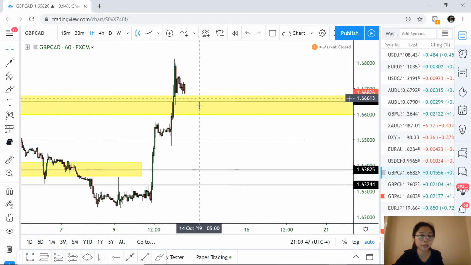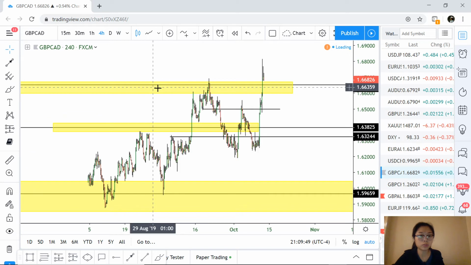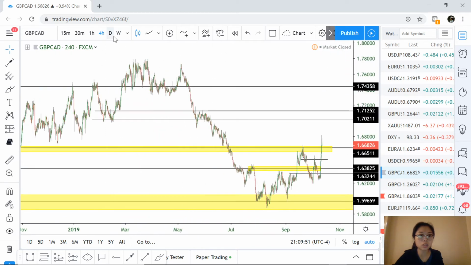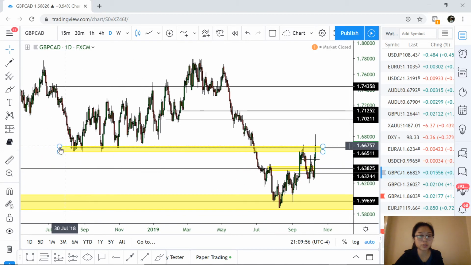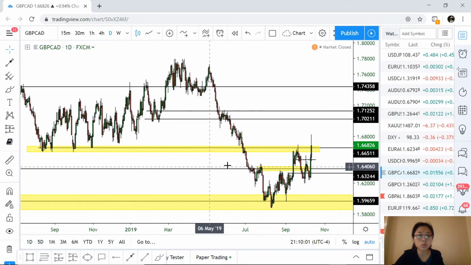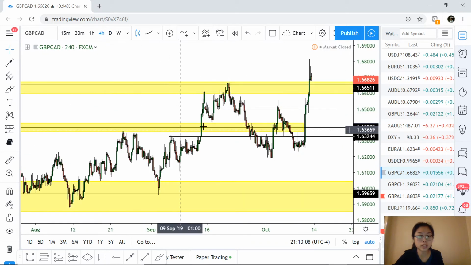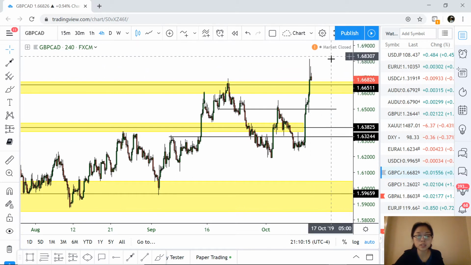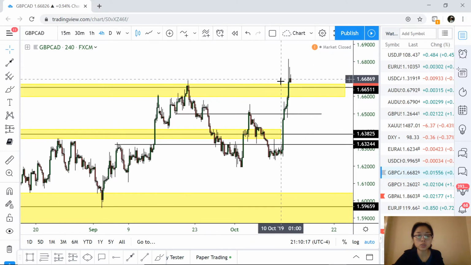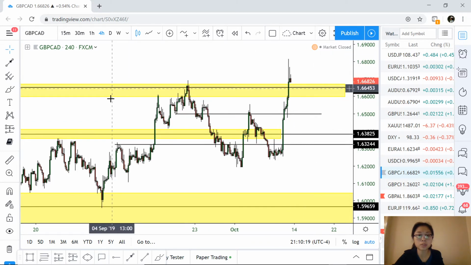GBP CAD, pound loonie, same as GU. You're looking for a pullback and riding the trend. We have reached previous support, now resistance. So this is an interesting level on the pound loonie. You want to see how it reacts this week, if it closes above and retests and continues, or if it fails to close above this zone.